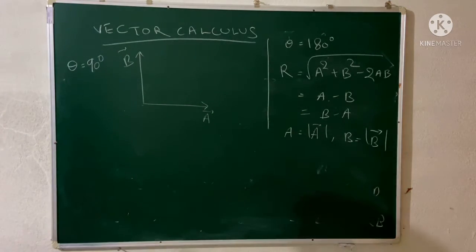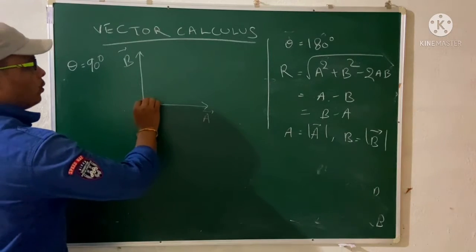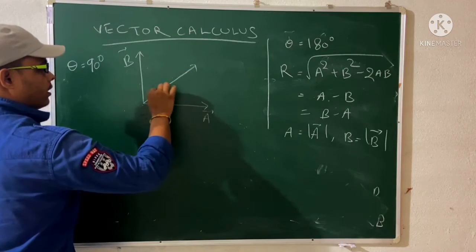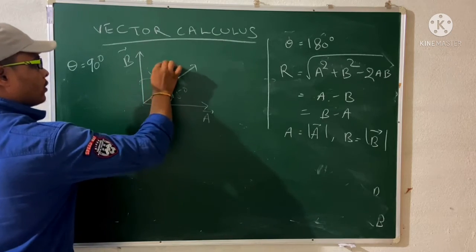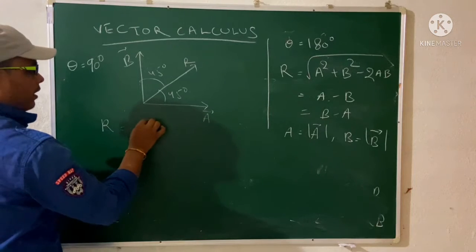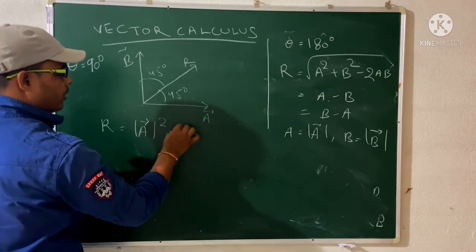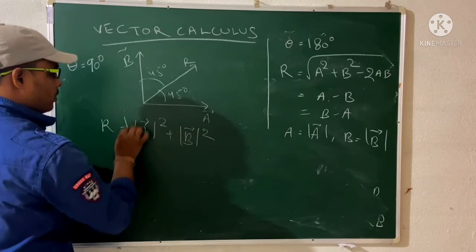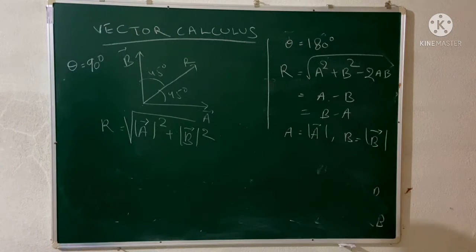So remember, your resultant vector will move in the middle, that is 45 degrees, and that also will be 45 degrees. So this is your resultant vector, and your resultant vector magnitude will be the A vector magnitude square plus the B vector magnitude square, then its root. So this is the direction of your resultant vector.